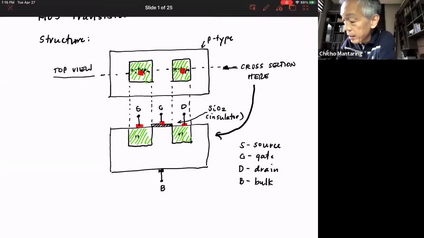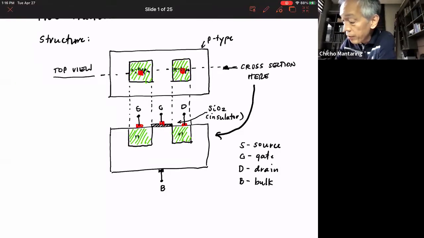And then my oxide, my silicon dioxide, will be here. So this is my silicon dioxide, which is again an insulator, and then I'll have a contact on top of it.